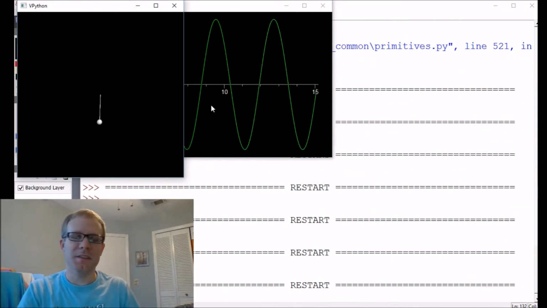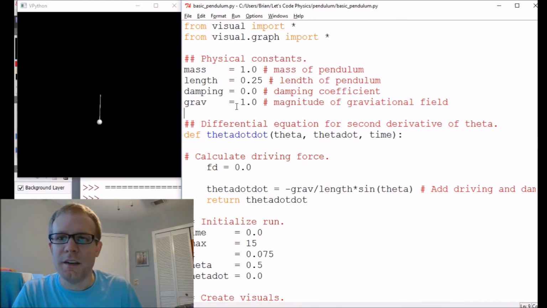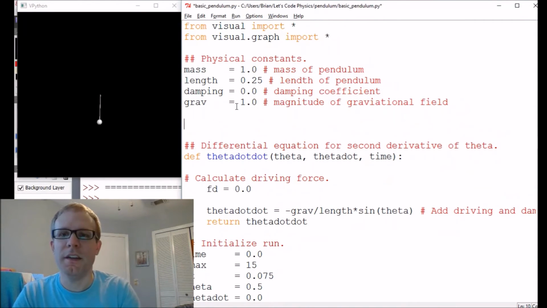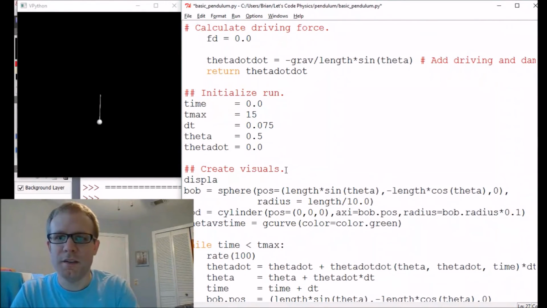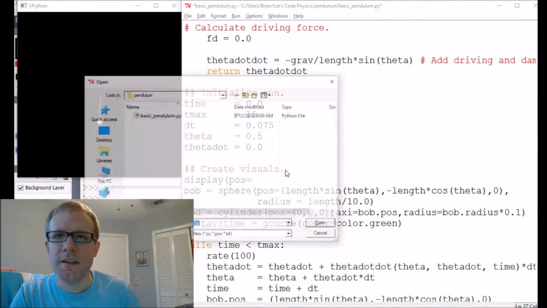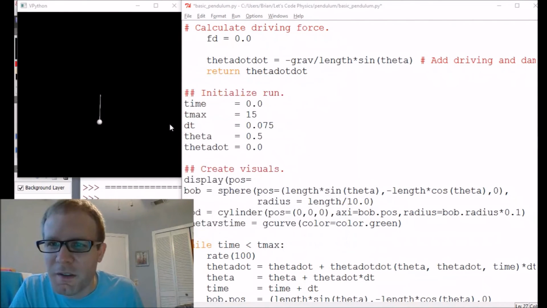Actually, I need to change the position of that thing. Let's take care of the display elements down here. Say display position. Do I change its position? What do I do with that? I should have kept my other code out for reference, the gravity simulator.